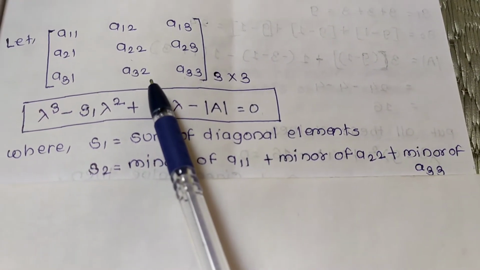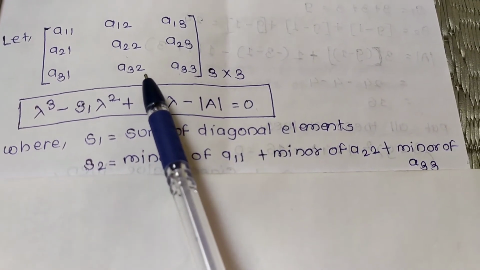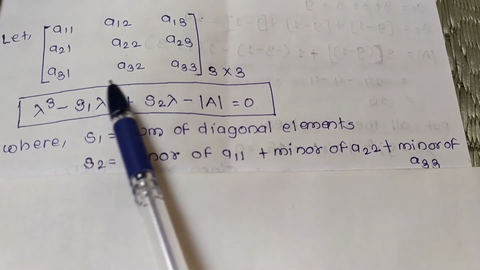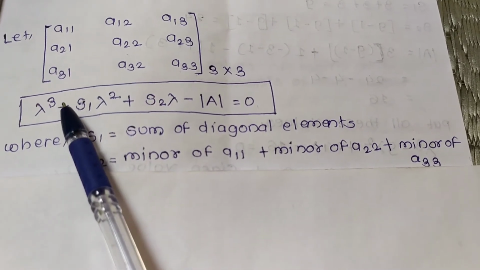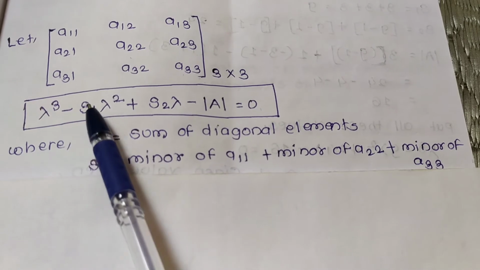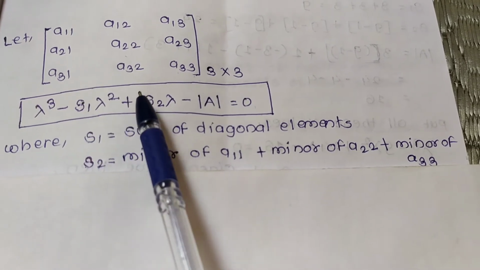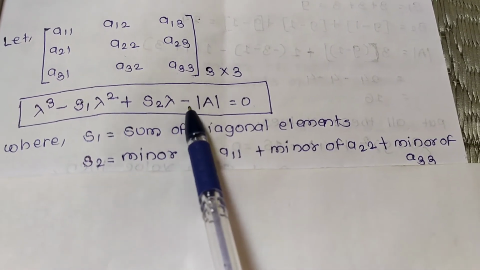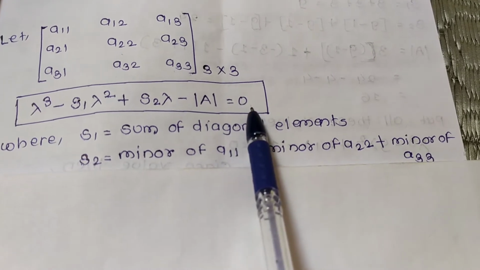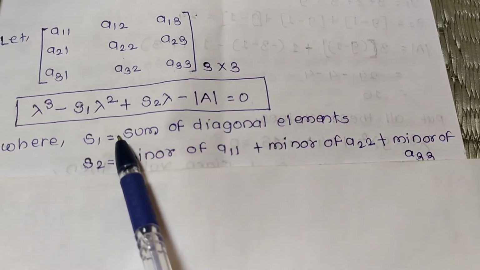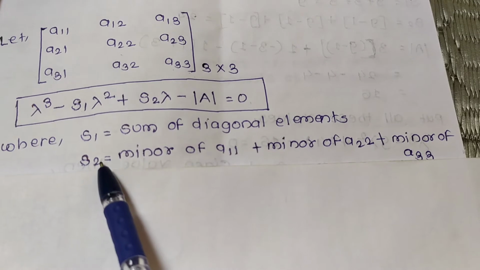For a 3 by 3 matrix, start from lambda cube minus S1 lambda square plus S2 lambda minus determinant of A is equal to 0. We know S1, we know S2. What is S2?